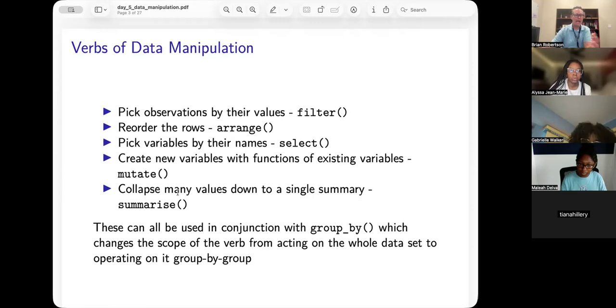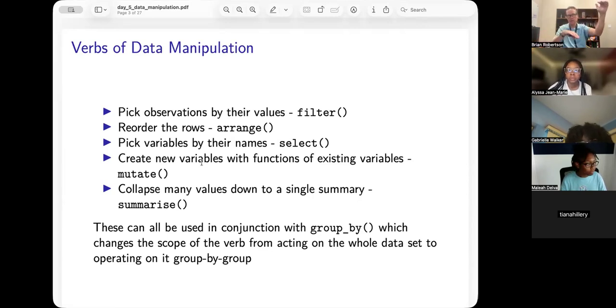Summarize, again, collapses the data down into a single summary, and we can do a summary based on the count of flights. We can do it in terms of the average departure delay, right? We can summarize these things, but we're taking all those rows, so mutate maintains the number of rows of data in its output, is the best way to explain it.